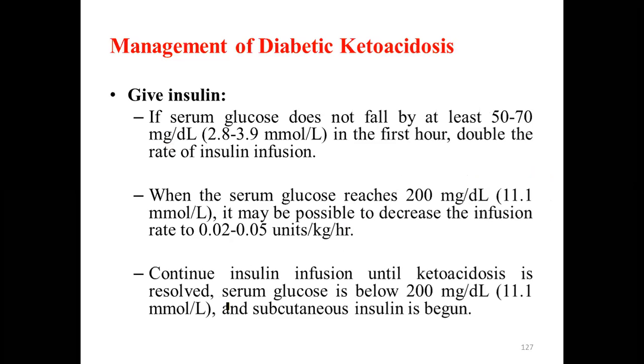Then, if the glucose does not fall by 50 to 70 milligram per deciliter in the first hour, you can double the rate of infusion. When the serum glucose level reaches about 200, you can decrease the rate of infusion of insulin, and you continue until the ketoacidosis is resolved. And later, when the ketoacidosis is resolved, you can start subcutaneous insulin administration.